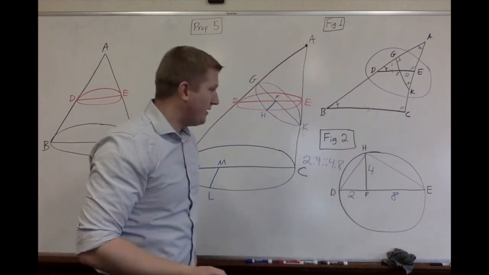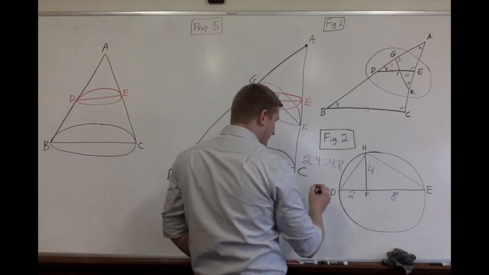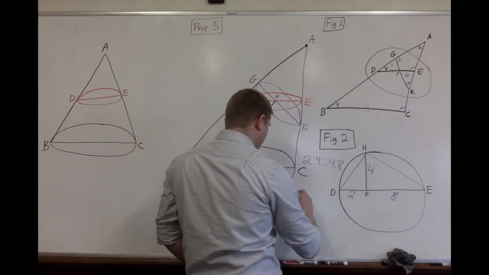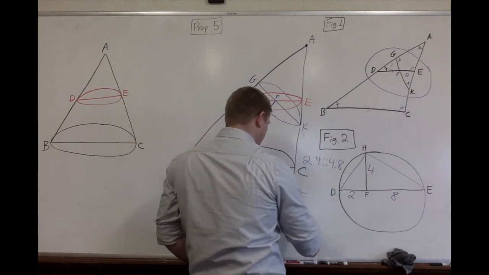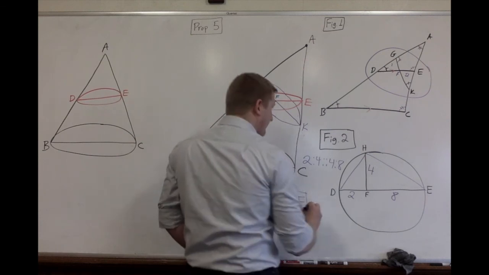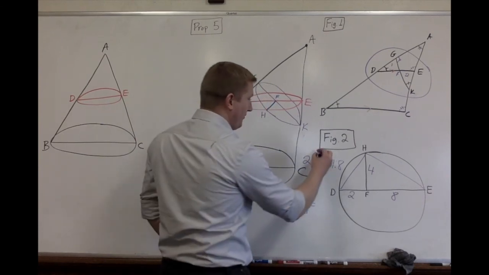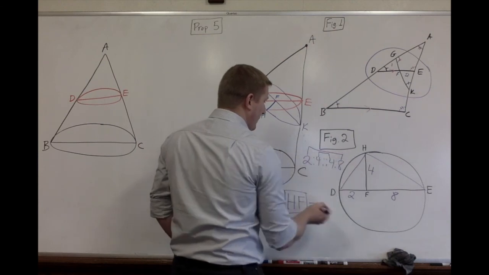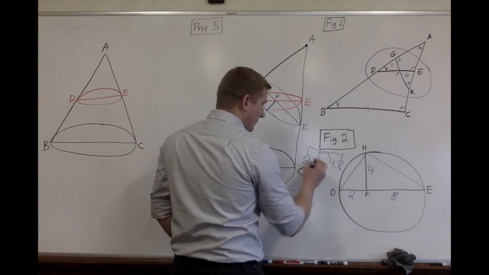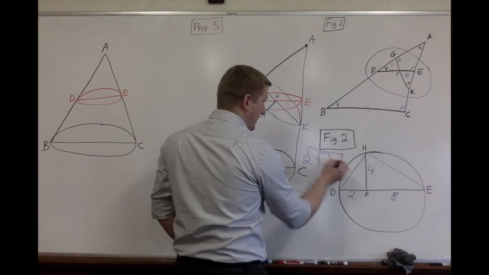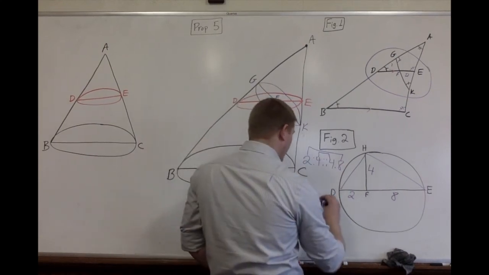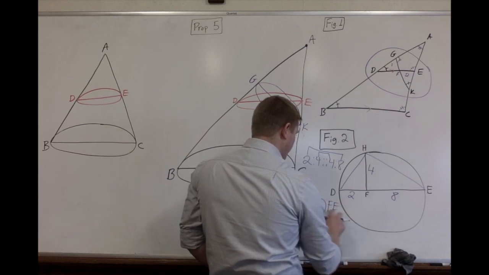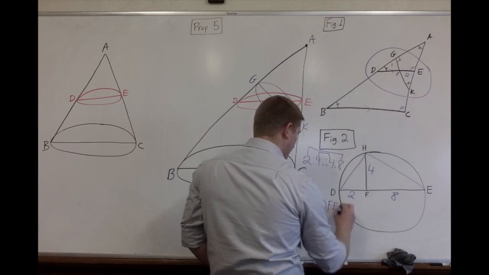Another way to think about it is, if you take the square of HF, if you remember from proportions, the product of the means is going to be equal to the product of the extremes. So 4 times 4 is going to be equal to 2 times 8, or the rectangle of DF and EF.